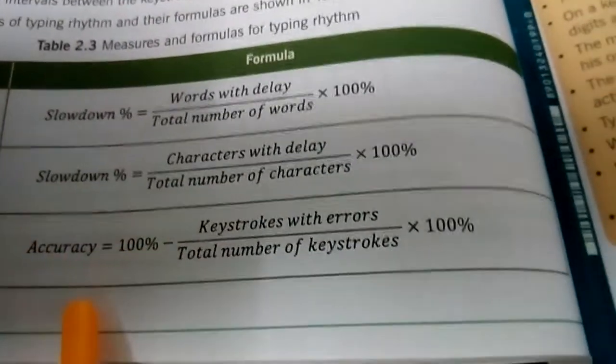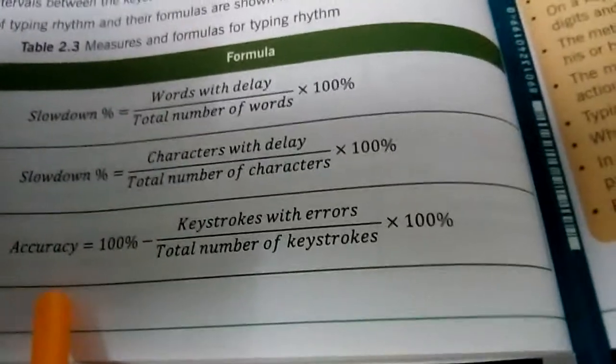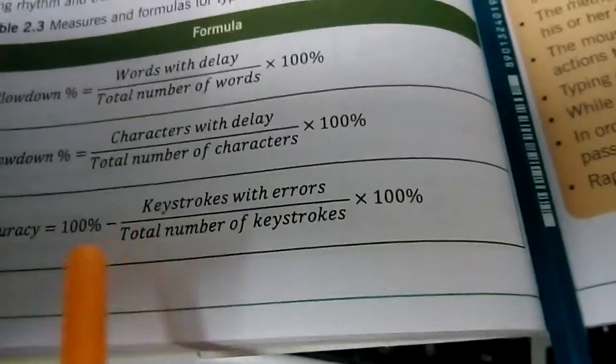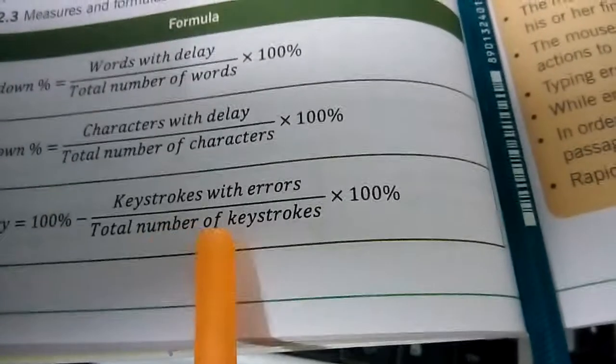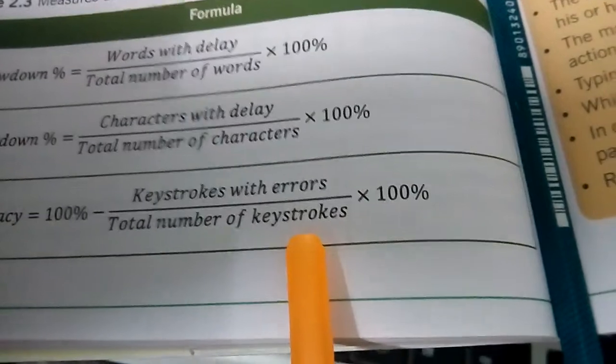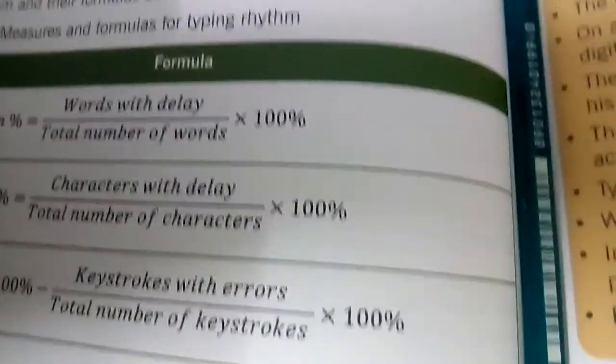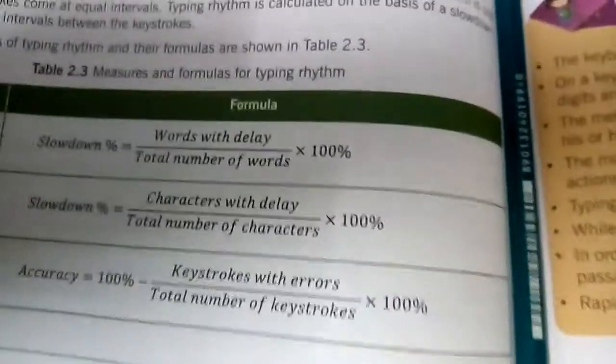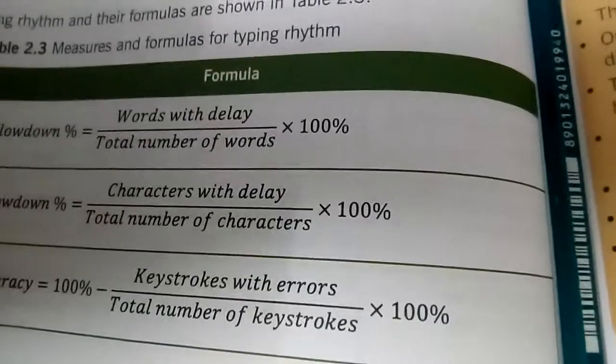And the slow down in keystrokes equals keystrokes with delay divided by total number of keystrokes, into 100%. So these are the measurements of slow down in words, characters and keystrokes.